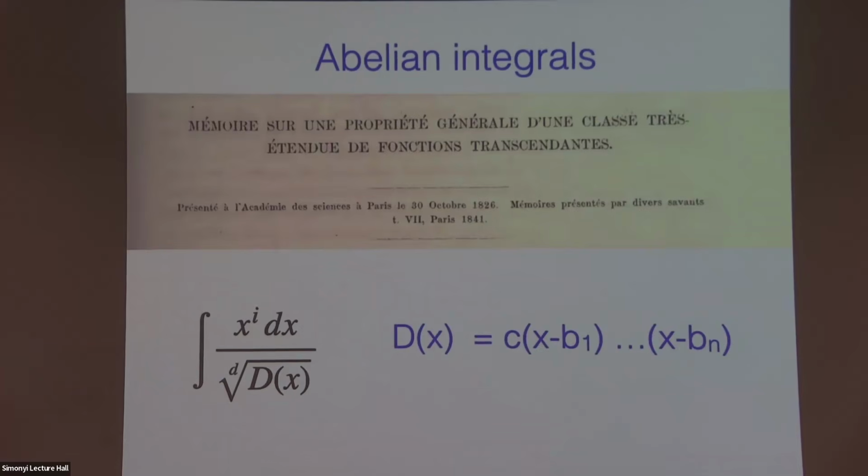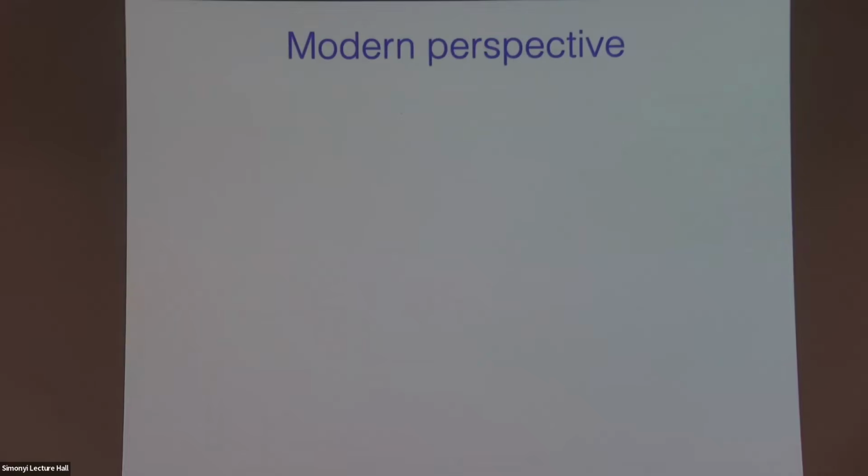You take the algebraic function, which is its dth root, perhaps you multiply by a polynomial in x, and then you try to integrate this function. And you might consider definite integrals, you might consider indefinite integrals, and indeed Abel goes beyond even this kind of integral. I just wrote it down for concreteness.